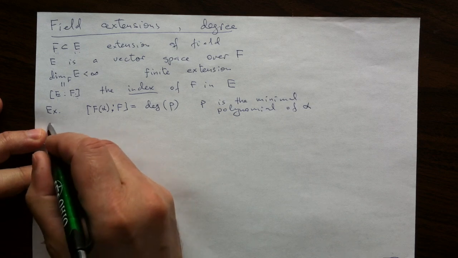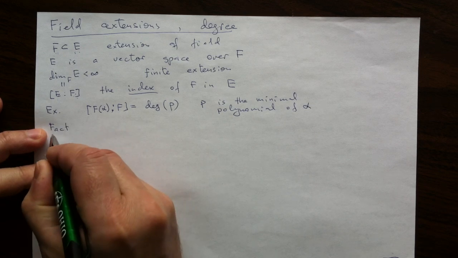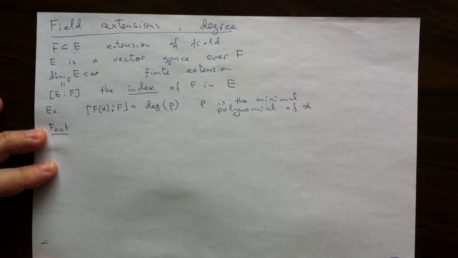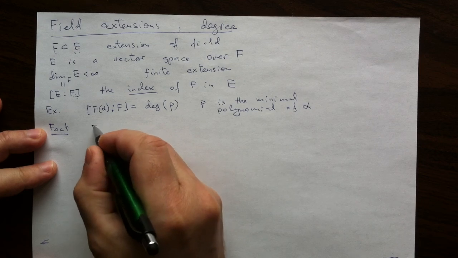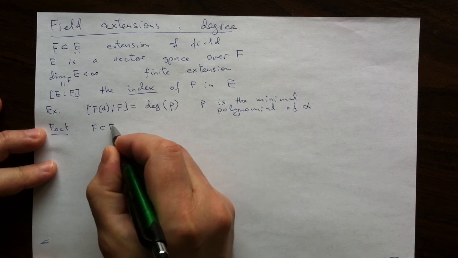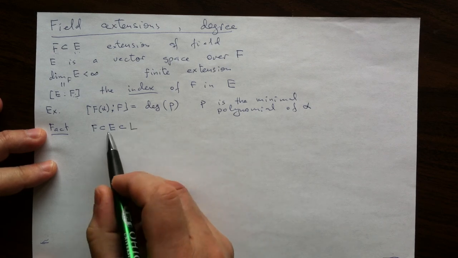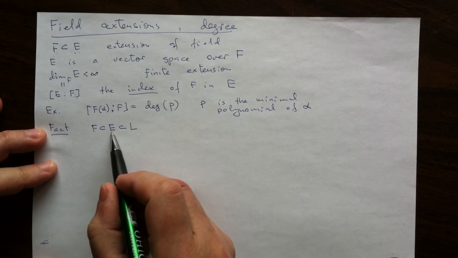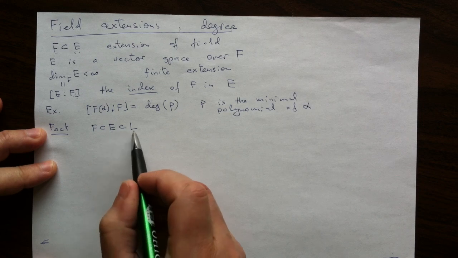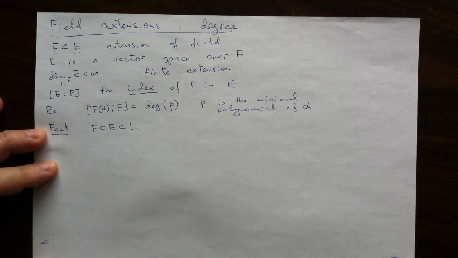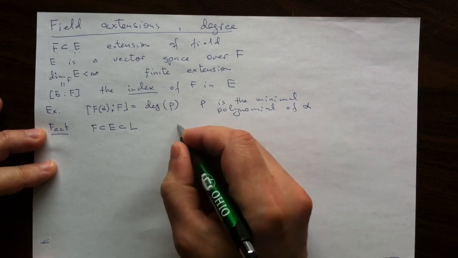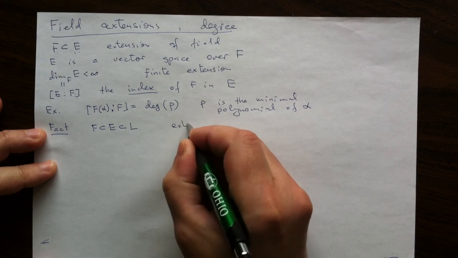The first fact about this concept, about this index, and it's really the only fact which we'll be using, is the following. Let's imagine a situation where we have two extensions connected this way. So the field F is contained in the field E, which in its turn is contained in the larger field L. So suppose that we have this chain of extensions.